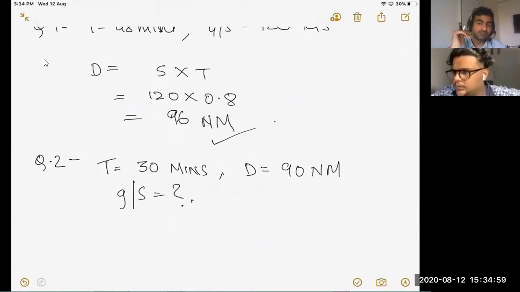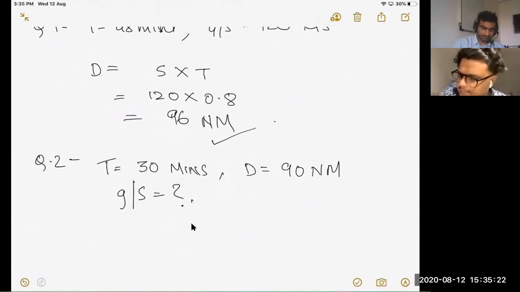Time should be converted from minutes to hours. So the time is 30 minutes and the distance is 90 nautical miles.